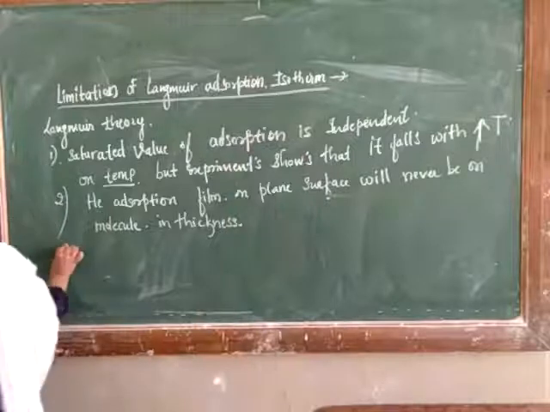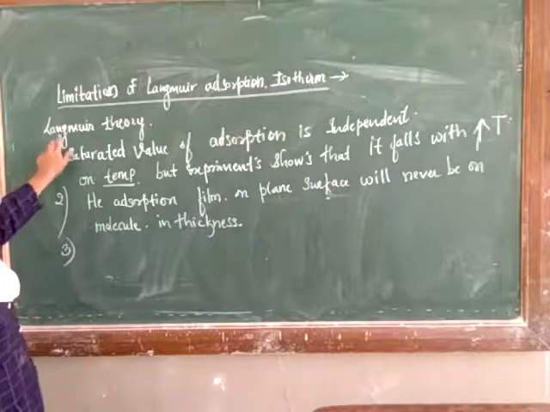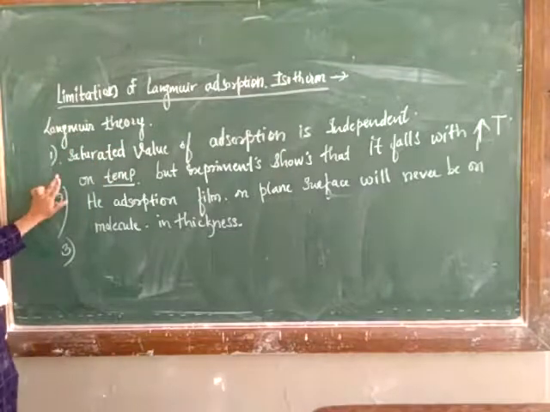He failed that. Now the third point: whatever postulates he has explained, it cannot be applied to the 5 types of isotherm which are there.